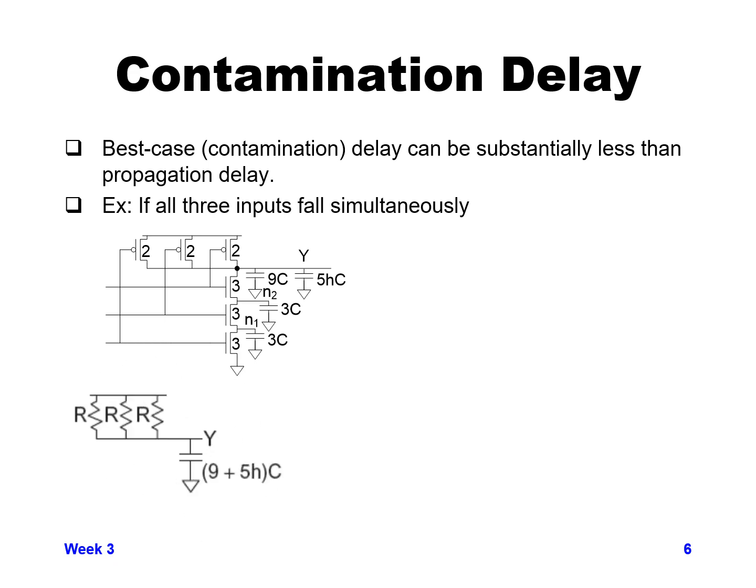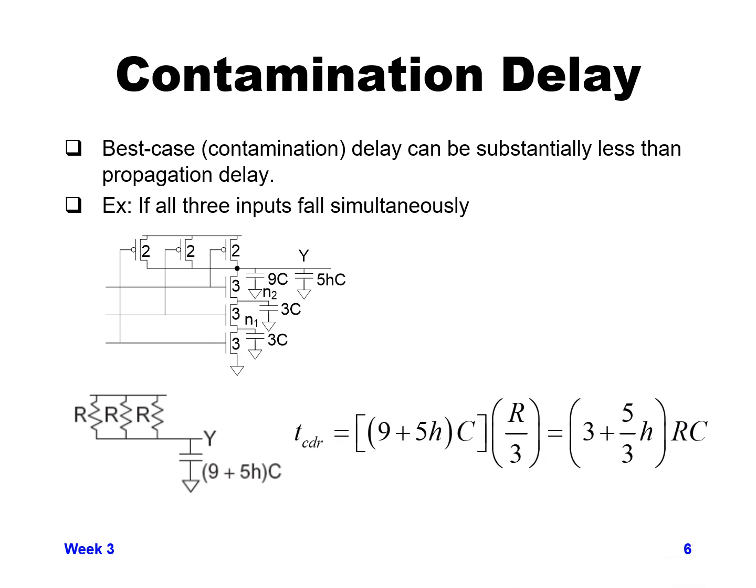So in this case, we would have something that looks like down in the lower left corner, where we have 3 resistors R in parallel trying to drive the output capacitance load of 9 plus 5H times C. So that same load is now being driven by about 1/3 the effective resistance value.